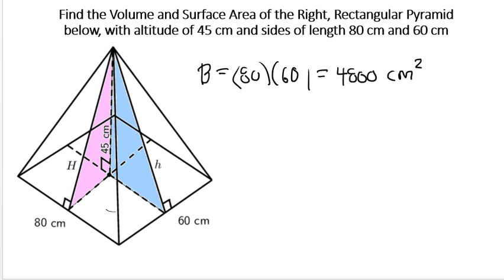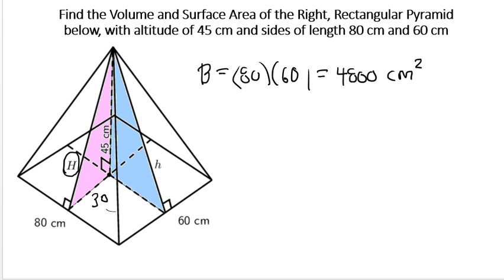Now, let's look at the faces that have a base of 80. The slant height is big H. Here's the slant height for the face of 80. The altitude of this pyramid is 45. So I need to use the Pythagorean theorem to find big H, one of the slant heights. 45 is the height, it's one of the legs. This other side is going to be half of 60, so this will be 30.